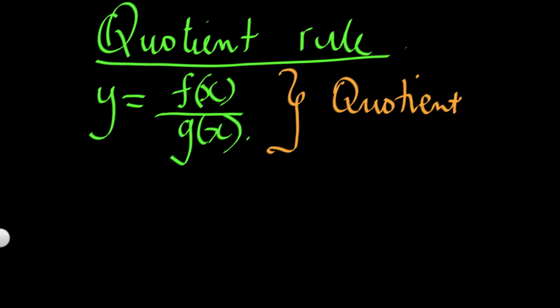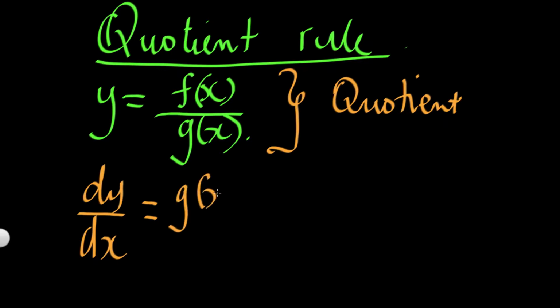Let me illustrate what I mean, because the formula for the quotient rule says dy/dx is equal to g of x, which means the denominator, you write it as it is, g of x.